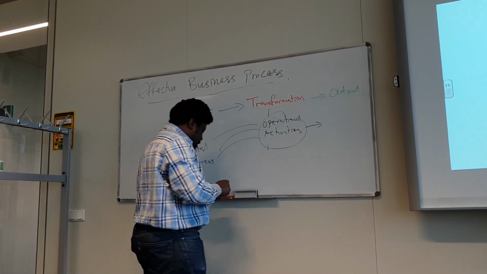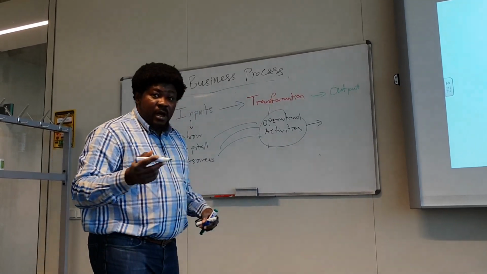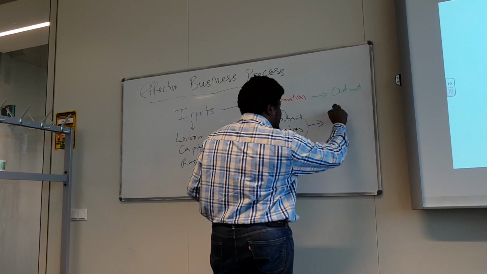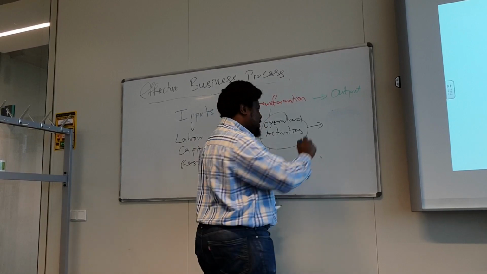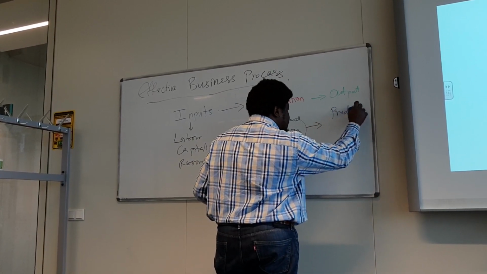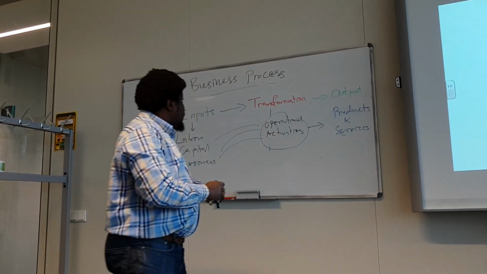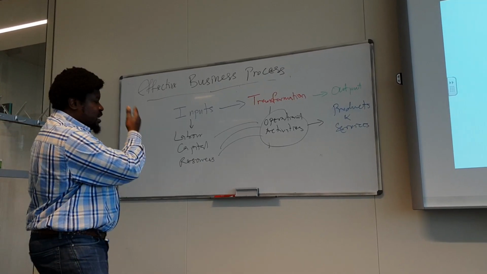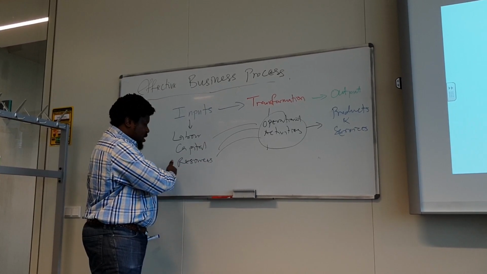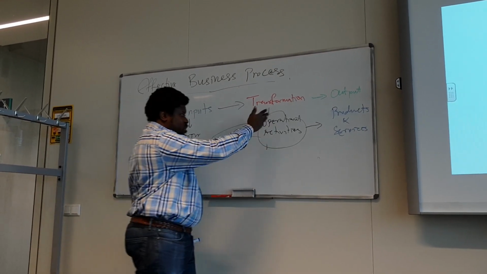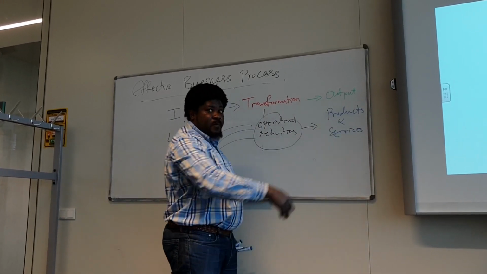And then you have the output. The output here is normally products and services. So again, look at the process. There's always an input. It could be human resources, it could be capital, money, it could be resources, machineries. Operational activities go on, transformation of the input, and then it gives us a product or a service.